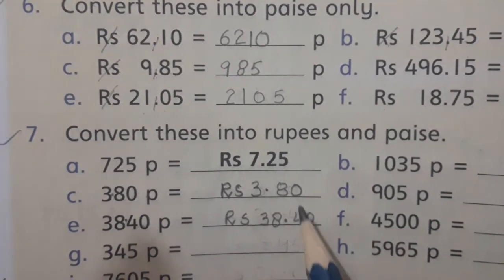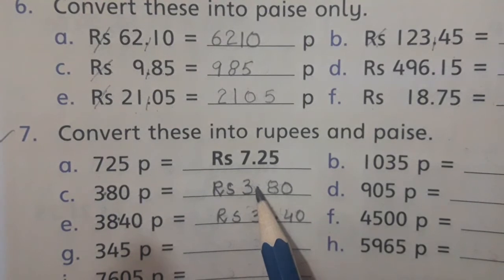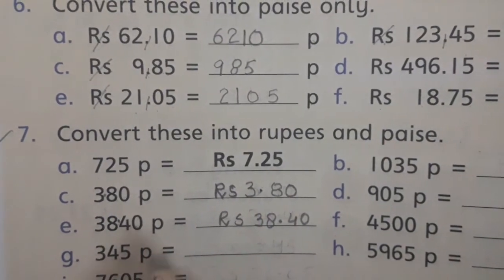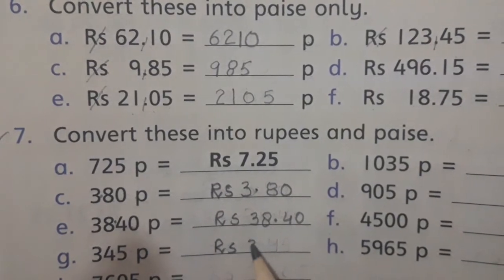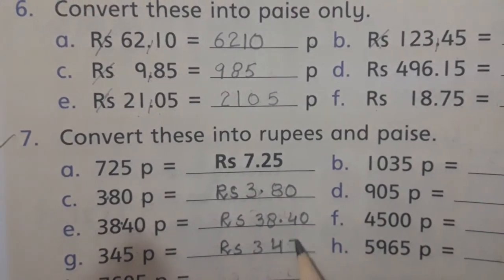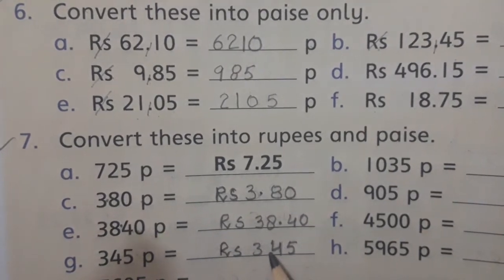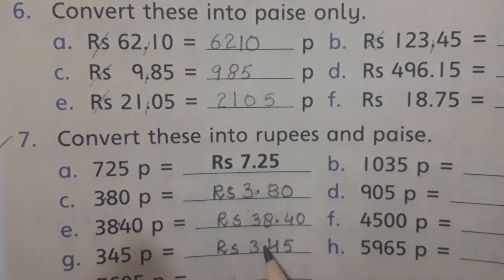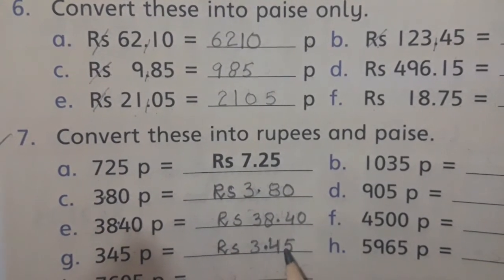After two numbers you will put a point. In the same way you will write 3 4 5 and then 1 2. Skip two numbers and then put a point, rupees 3.45.